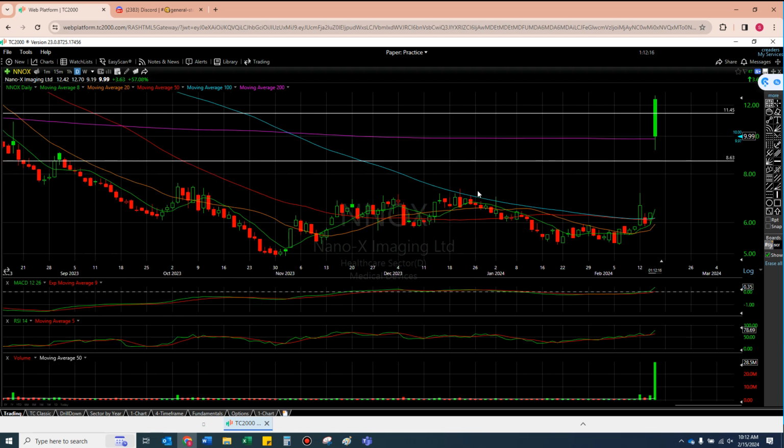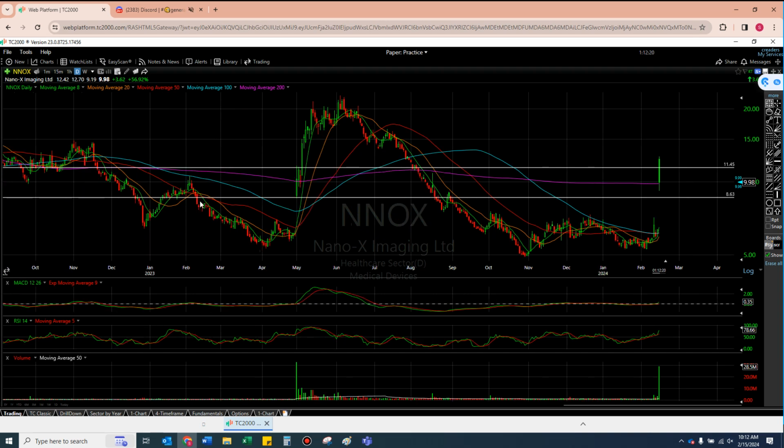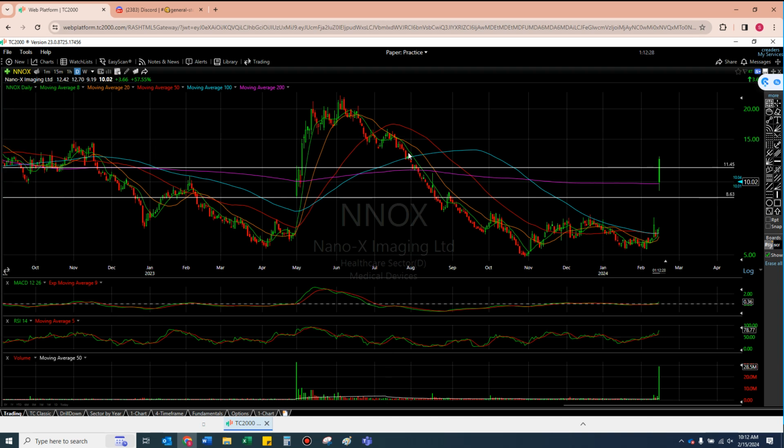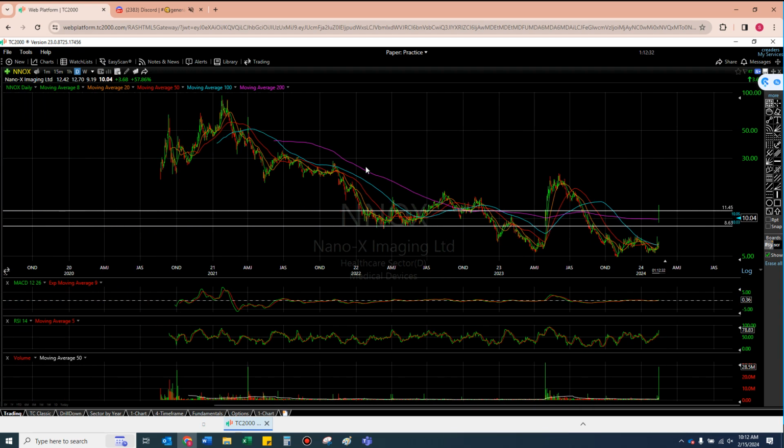NNOX, like I said, this thing was on the radar for what could have been a good move. And hey, let me just zoom out real quick. There is a nasty green, red, little baby horizontal around 15, red. So I mean, NNOX can do some crazy things. And this thing, I will be honest with you, I traded this IPO.